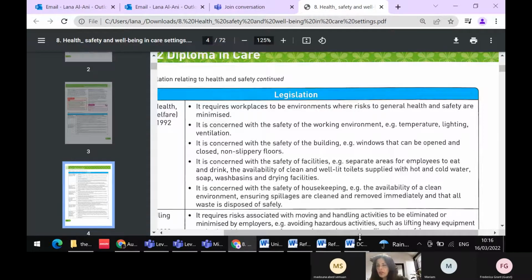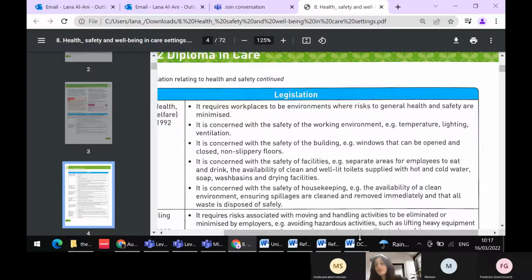And it is also concerned with health and safety of the working environment: the temperature, the lighting, the ventilation. Is it all suitable for the people who work and the people you're taking care of? And also it concerns the safety of the building. Are the windows opened regularly to get fresh air? Can you close them properly so no thieves come in? Is there any slippery floor? This is all in the regulation.